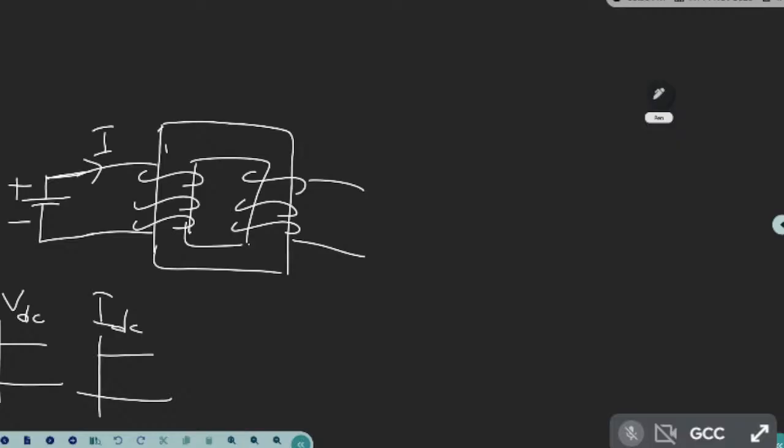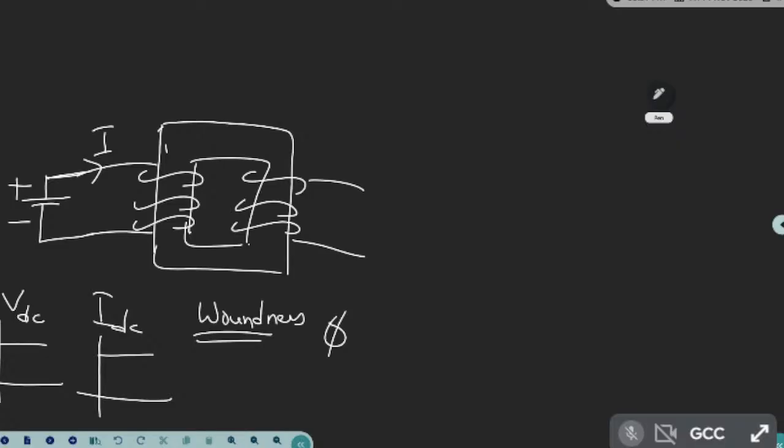Because of the winding, current is flowing, and winding is also there. So because of the winding, flux will be established.